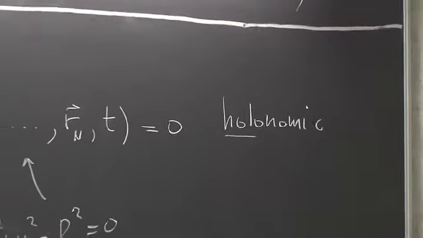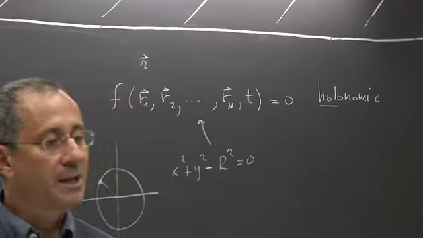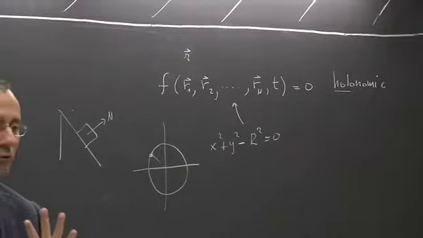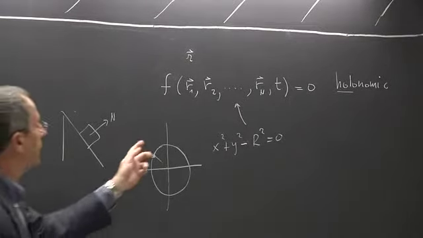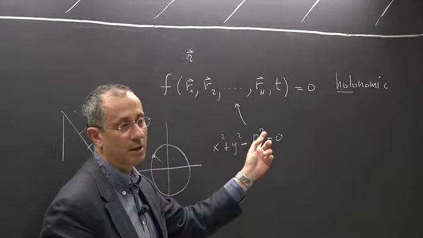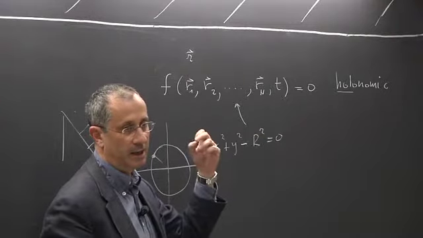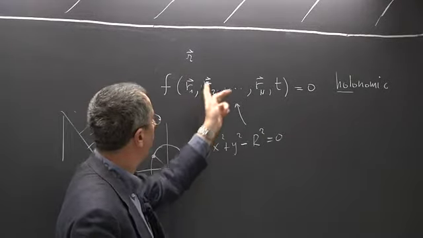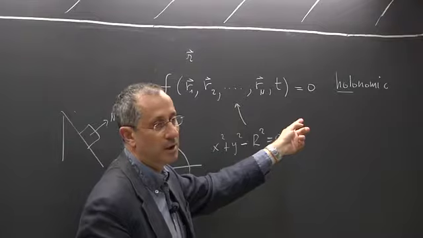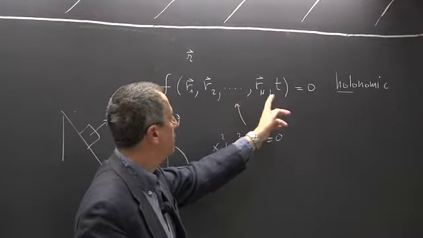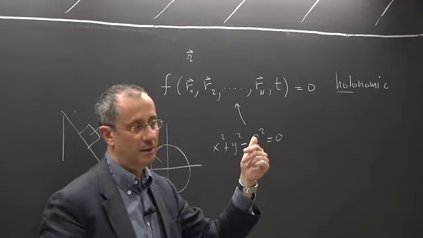For this important class of constraints, you immediately see that you can get rid of the constraint simply by picking the generalized coordinates in a clever way, because you can solve this equation and write one of these coordinates as a function of the others, right?